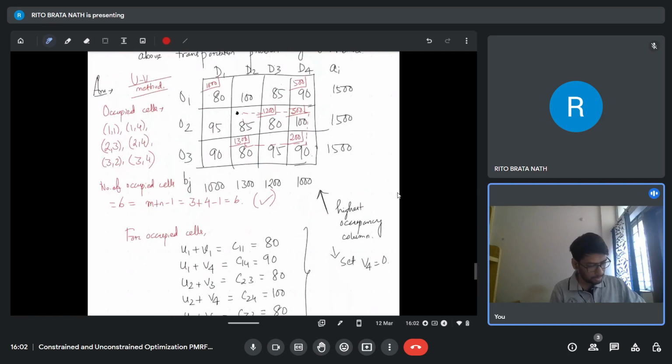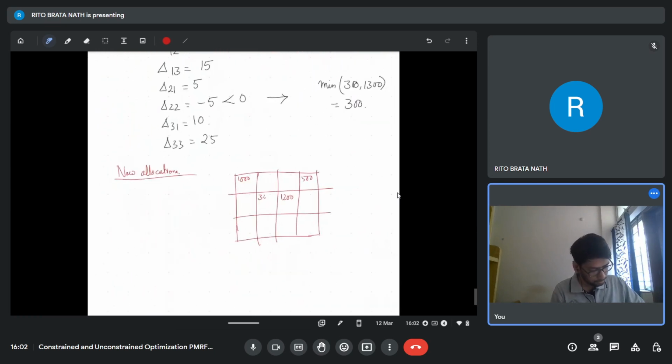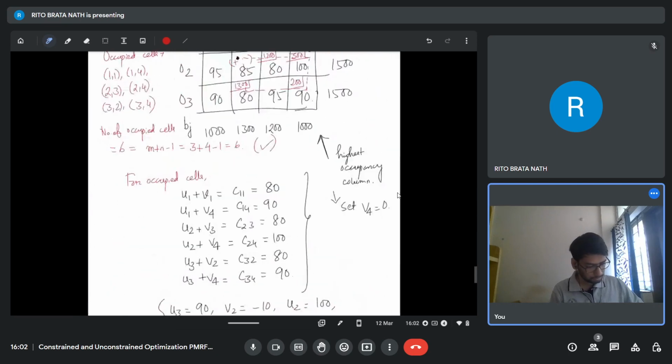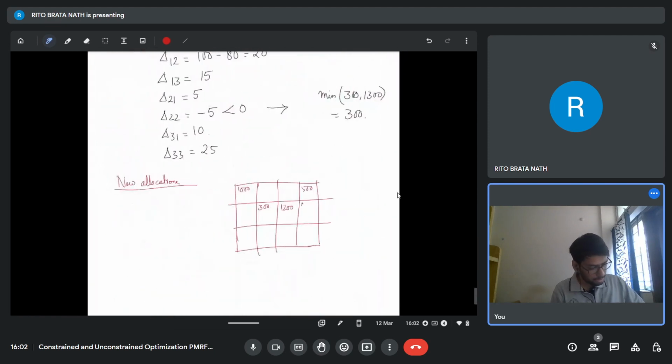So actually here will include this plus 300, so that will become 300, the other one will become 0, so this becomes 0, then the bottom one will be 500, and with that this will be 1000, and yeah, now everything is again balanced.